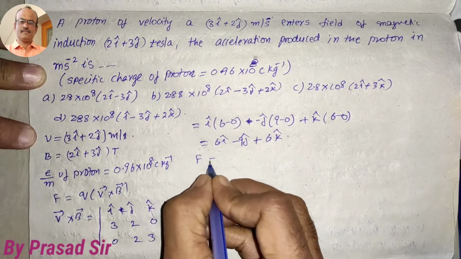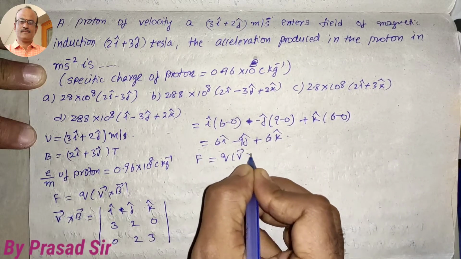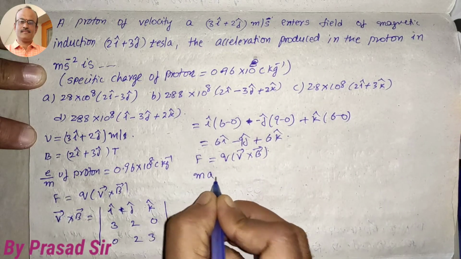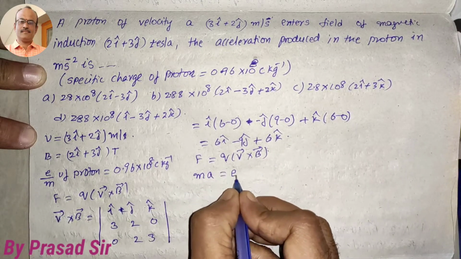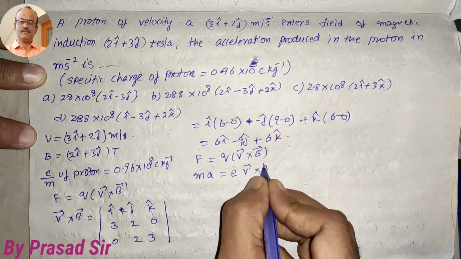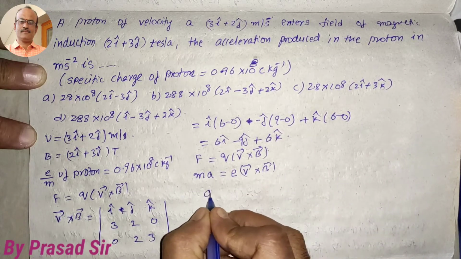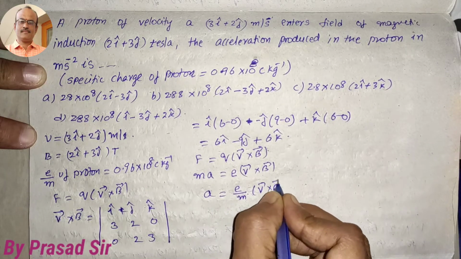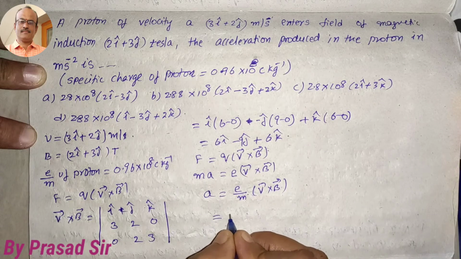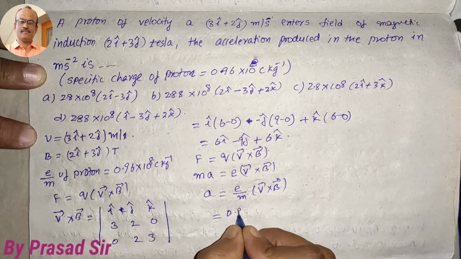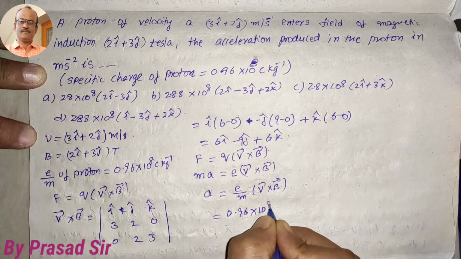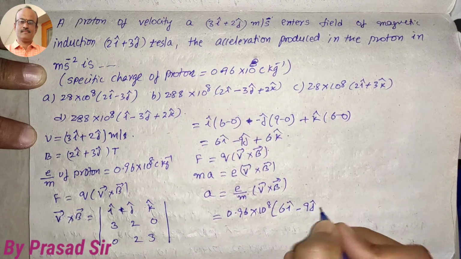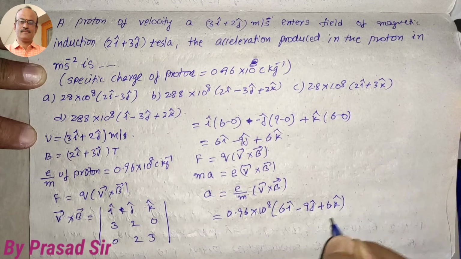But here force F is equal to q times v cross B. So here F means what? m into a. Here q I will write as e, and v cross B. Now here acceleration is equal to e by m into v cross B. So actually e by m value, what is that here? 0.96 into 10 to the power of 8 times 6 i cap minus 9 j cap plus 6 k cap.